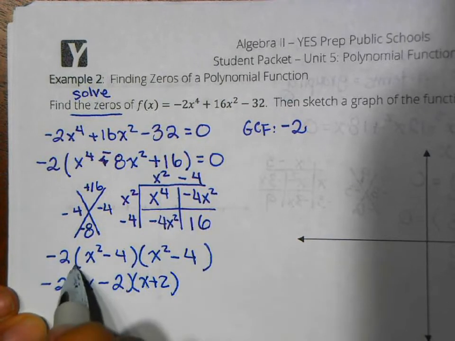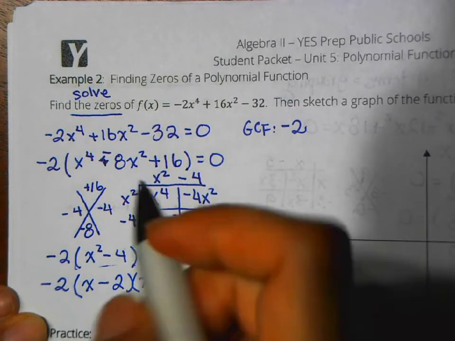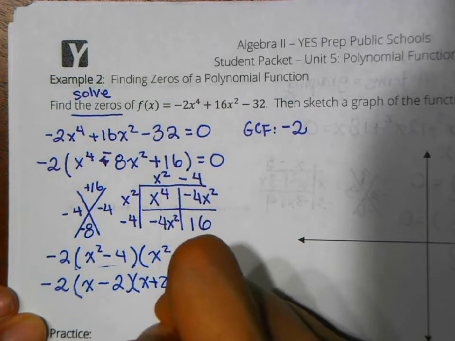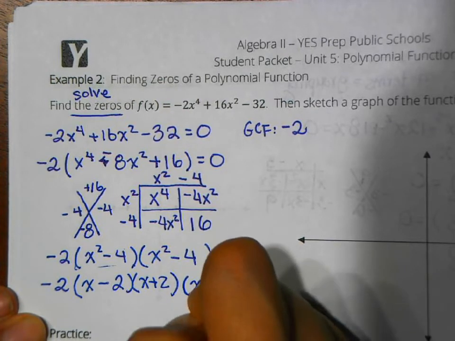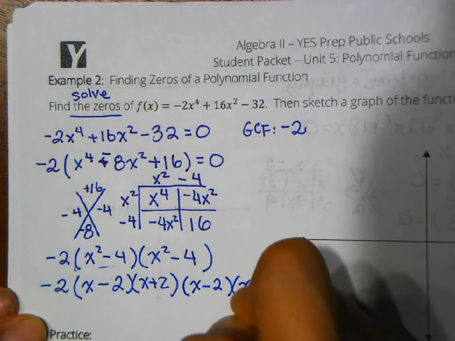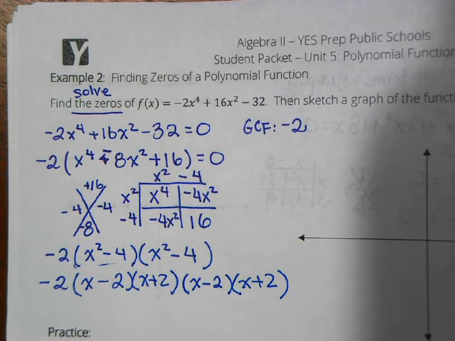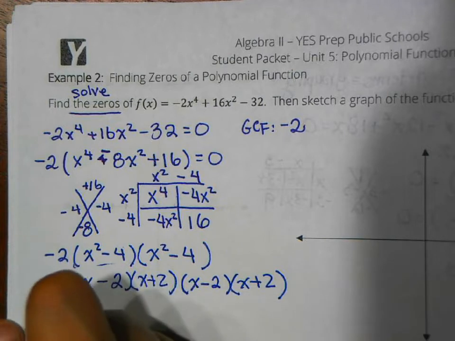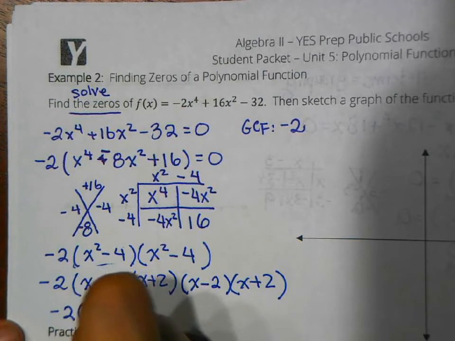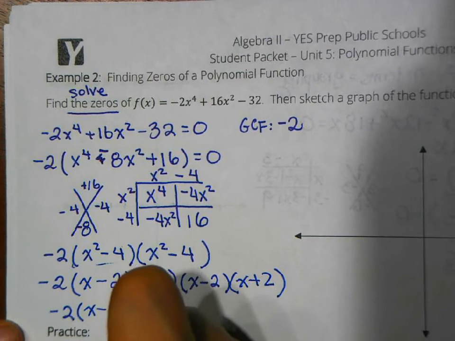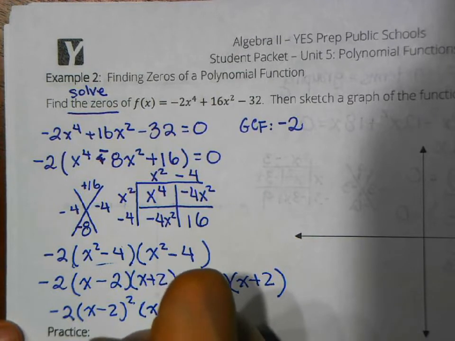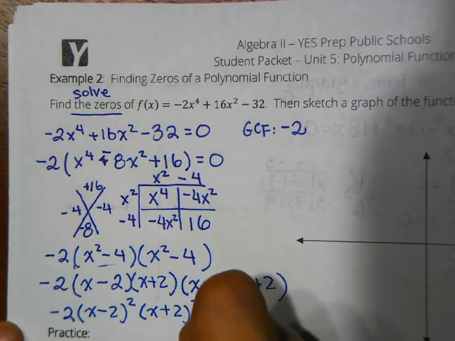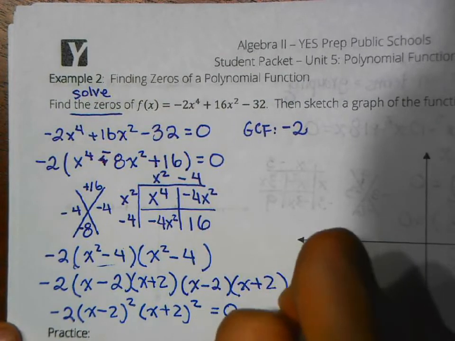That's for the first x squared minus 4. For the second x squared minus 4, I can factor it out the same way. X minus 2, x plus 2. So if I were to rewrite this, I would have negative 2 times x minus 2 squared times x plus 2 squared. And all of these are still equal to 0.